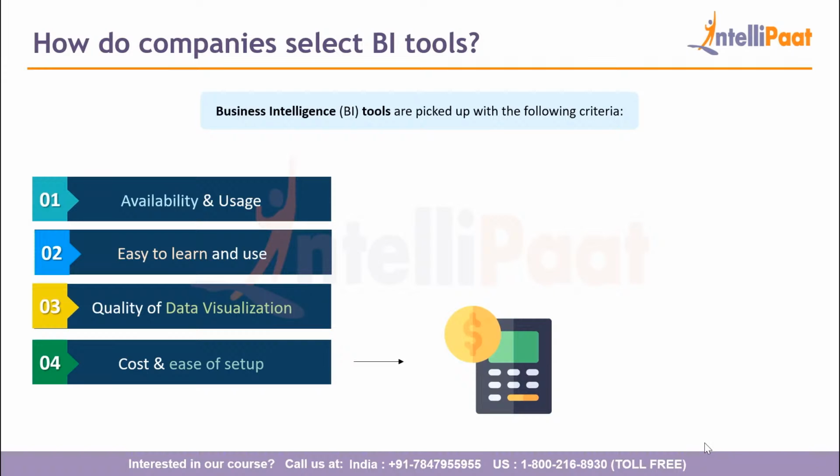So companies select the tools which are the best fit for their organization and their data, and they check the cost and ease of setup. So these four factors are the criteria for selecting any BI tool.